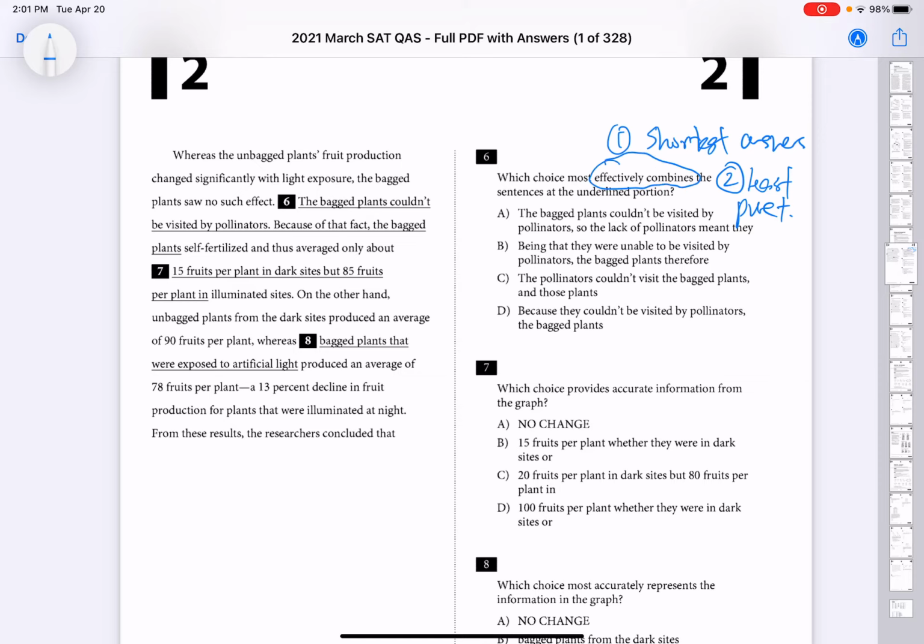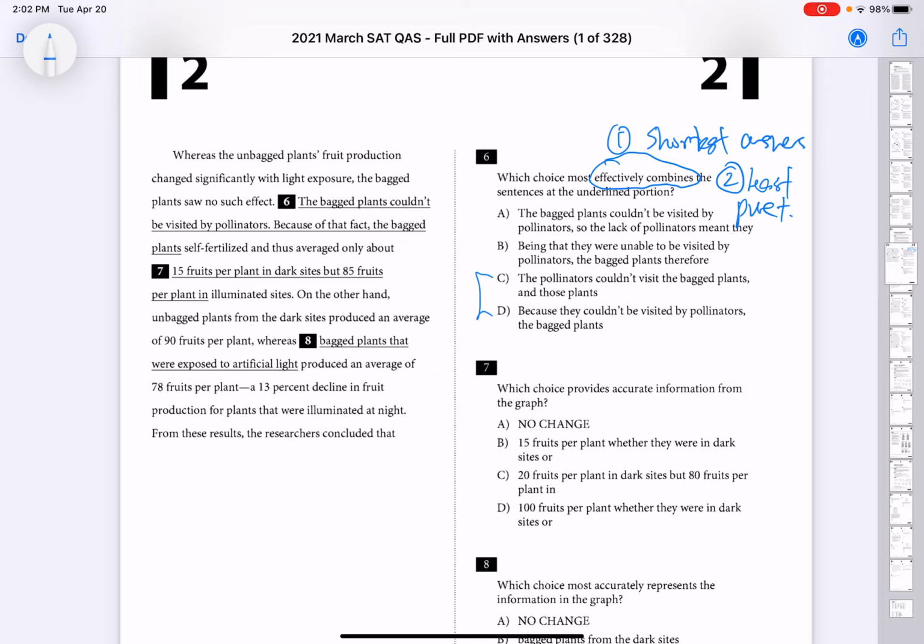So that generally means that on the SAT, you want to pick the shortest answers, and you want to pick things that use commas or semicolons in the most efficient way. You don't want to be using commas and semicolons and any other forms of punctuation everywhere. You want to use it the least amount possible. So just from looking at the format of the answers, I'm very inclined to pick either C or D at this point. Why? They're relatively shorter than A and B, and they're basically just not as wordy, right?